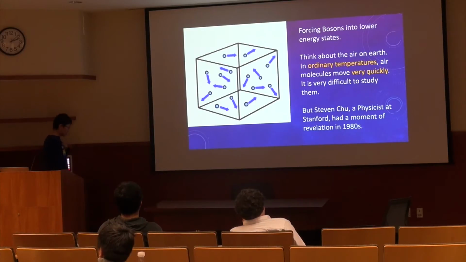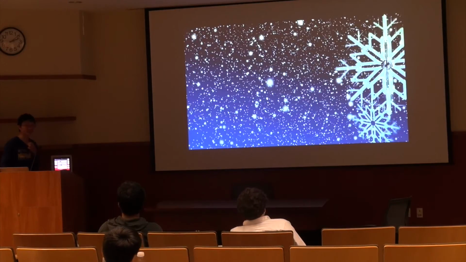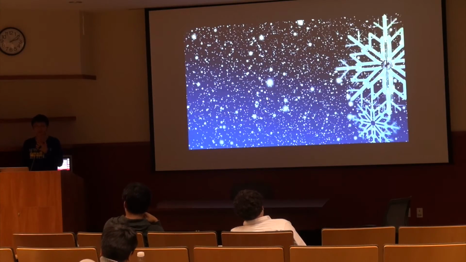But Stephen Chu, this physicist from Stanford, had a very interesting idea in the 1980s when he was looking outside of his window while he was working in his office. He saw snow. Snow in California, can you believe that? I don't think he was working in Stanford back then. So he saw snow. So why would snow be useful in this case?